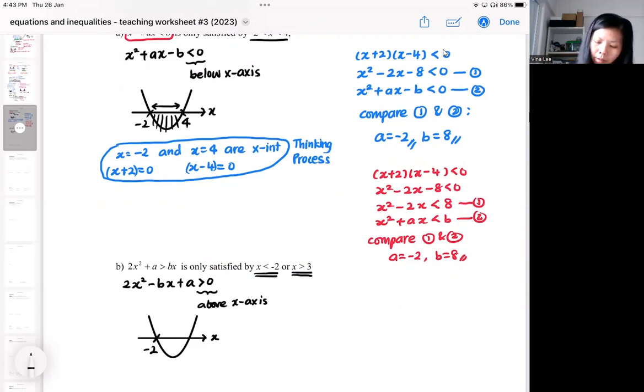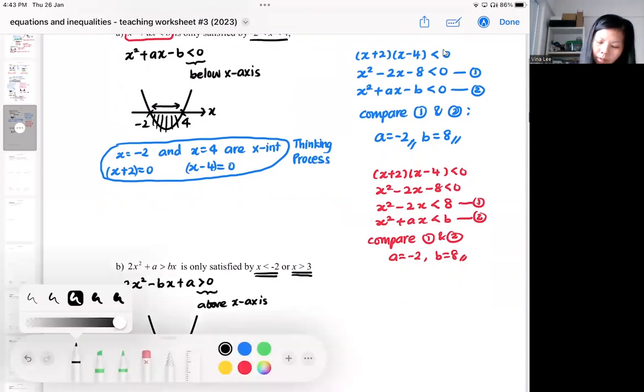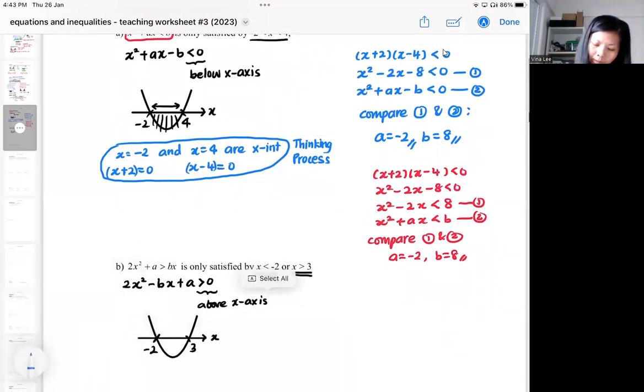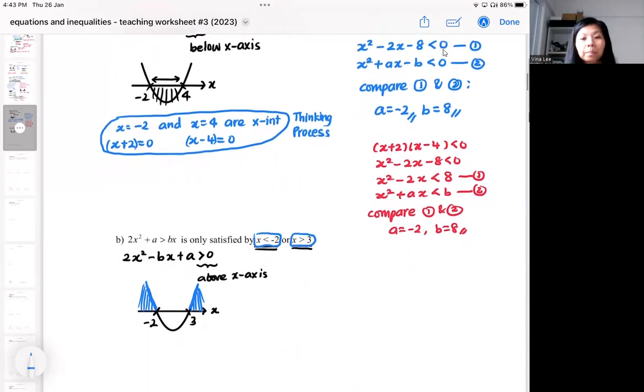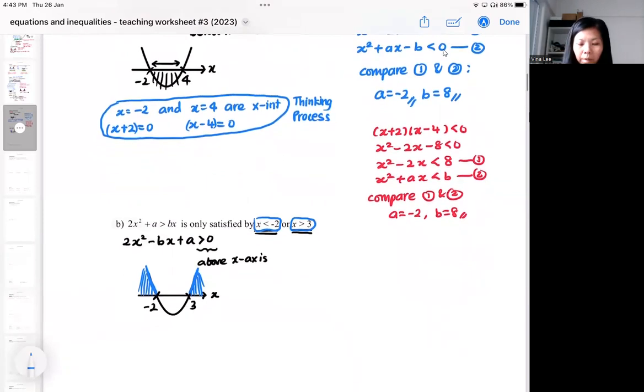This set of answers corresponds to this portion, and this set corresponds to this one. So when they say that this quadratic inequality is satisfied by this, they are telling you the answers. From the answers, again, we're going to work backwards.